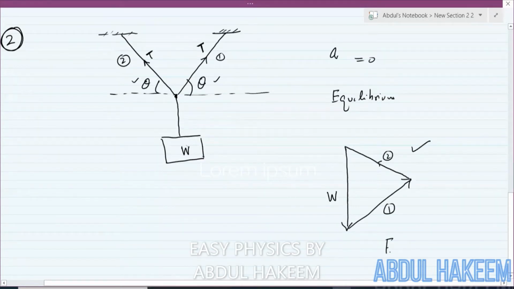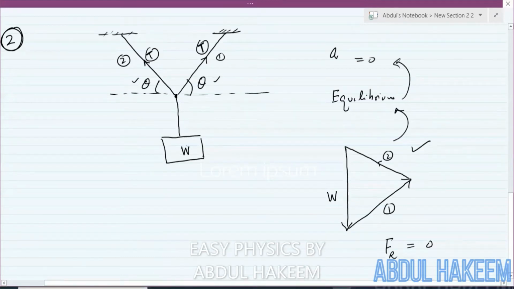So the resultant of all forces is 0. So when we add three forces, weight, right side tension, left side tension, by the head-to-tail rule, there will be no resultant, it is 0. It means the object is in equilibrium and acceleration is 0.